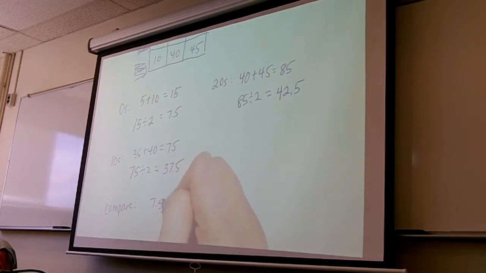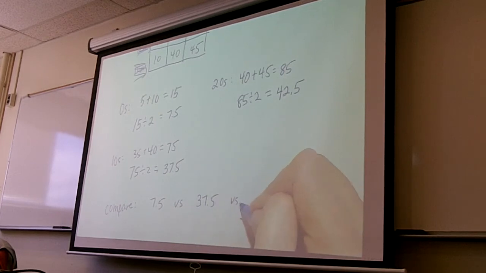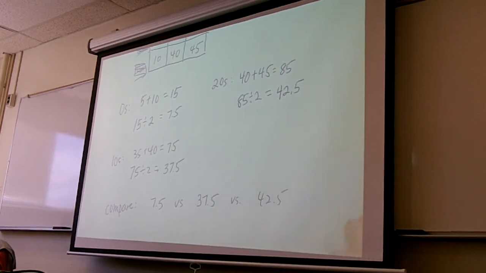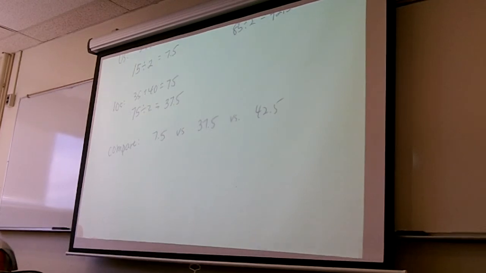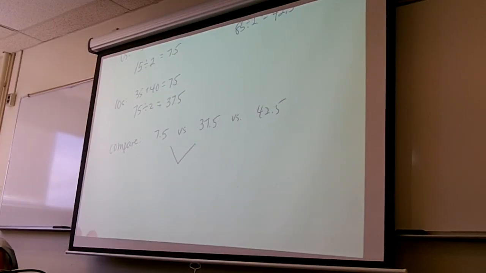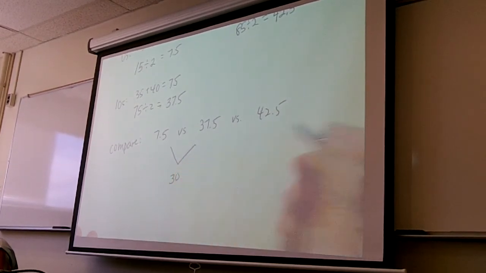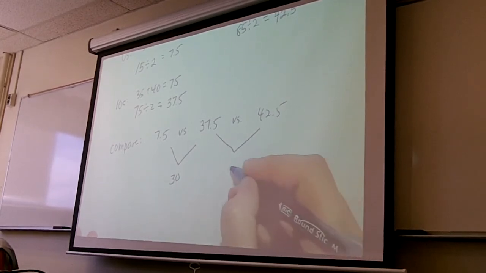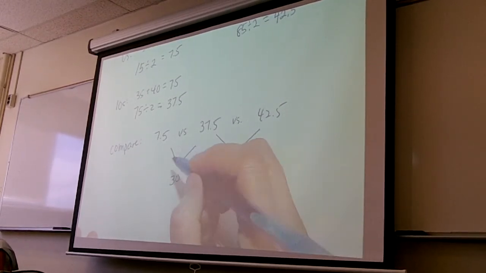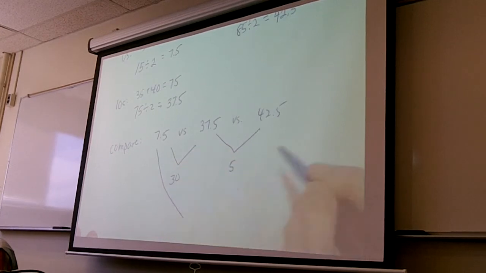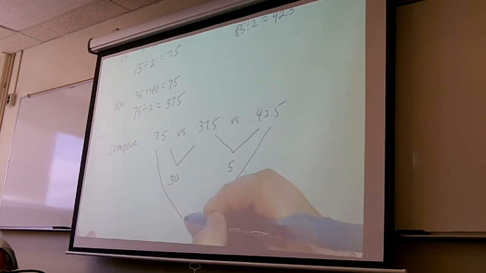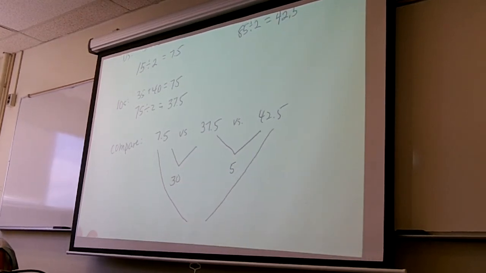Now I'm going to compare 7.5 versus 37.5 versus 42.5. How different are these two from each other? 30. How different are these two? 5. How different is 7.5 and 42.5 from each other? 35.